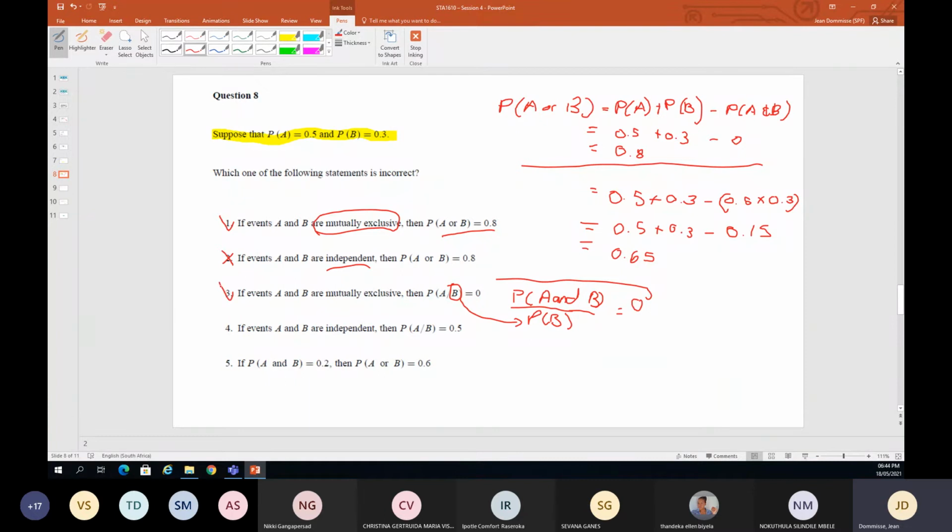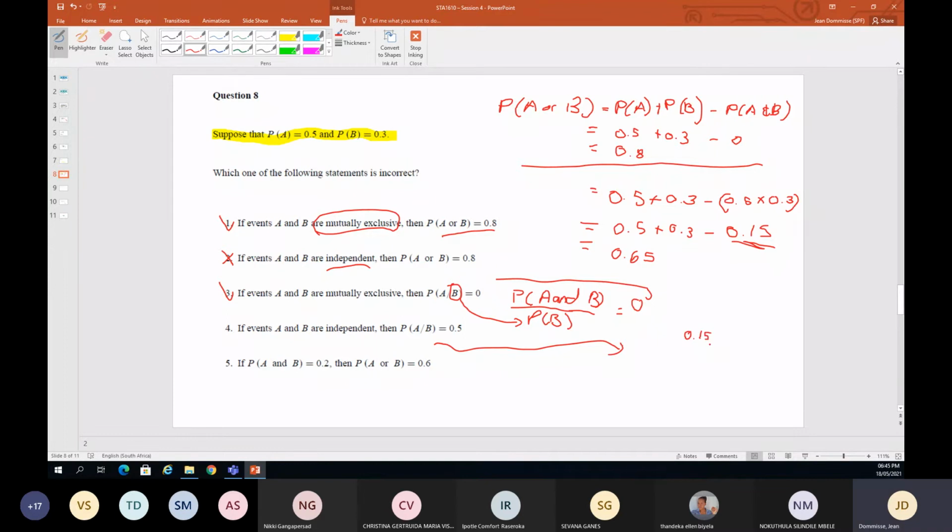So whenever you have mutually exclusive, so if it was probability B given A, still A and B is 0. So then your answer would also be 0. So remember, for mutually exclusive, the and is always 0. So if events A and B are independent, we know that the and is 0.15. So now for this one, we know the and is 0.15.